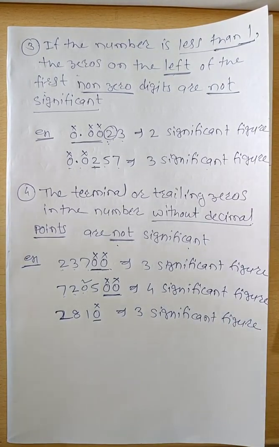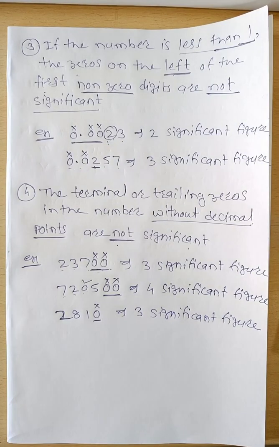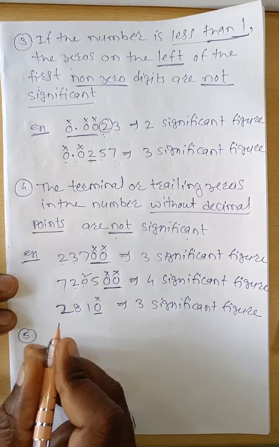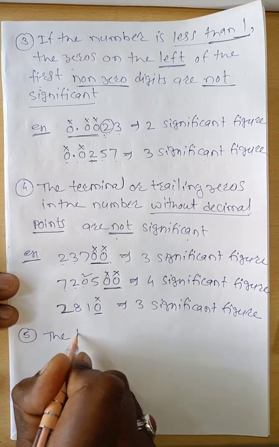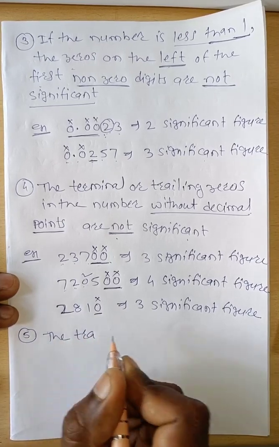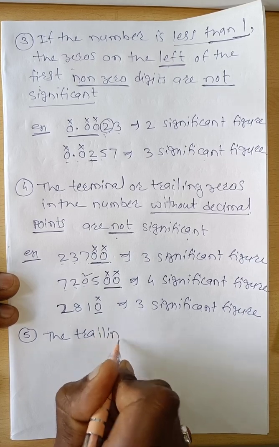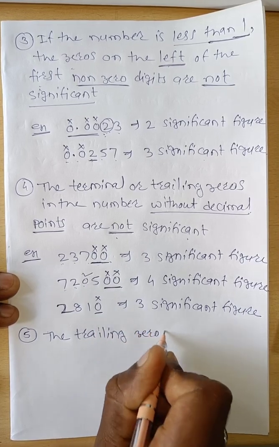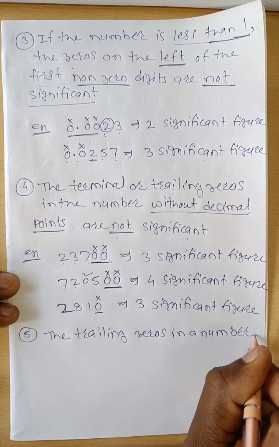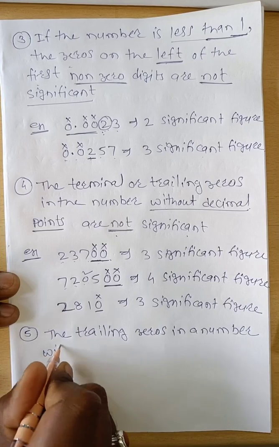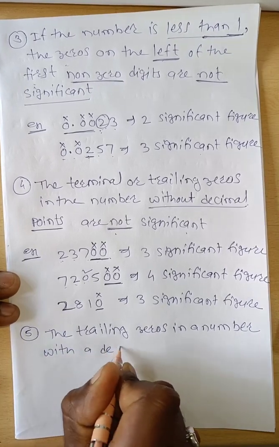Next, the terminal or trailing zeros in a number when the decimal point is present, then the trailing zeros are significant. Rule number 5: the terminal or trailing zeros in a number with a decimal point.